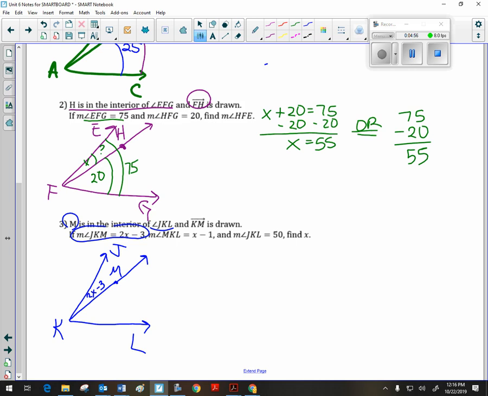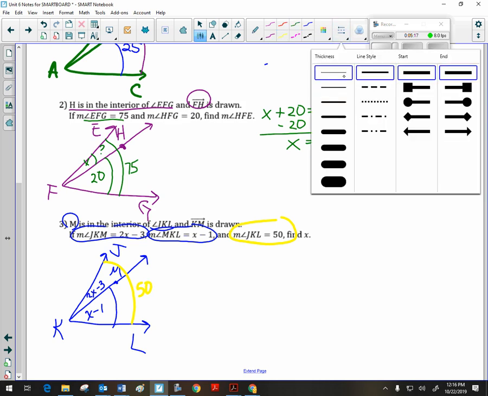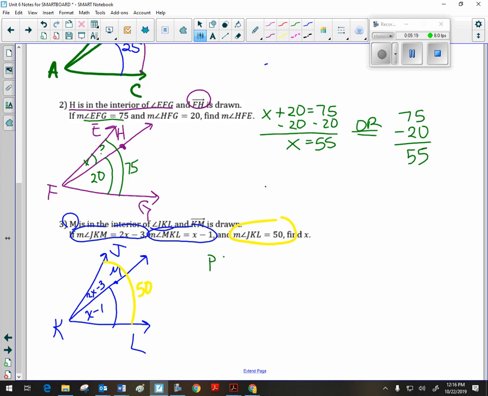MKL is x minus 1. That's this angle. And then they also tell me that angle JKL is 50. That's the whole angle. So I'm going to use that same idea that we talked about previously, that part one of the smaller angles, plus part two, the other smaller angle, has to equal the whole entire angle.